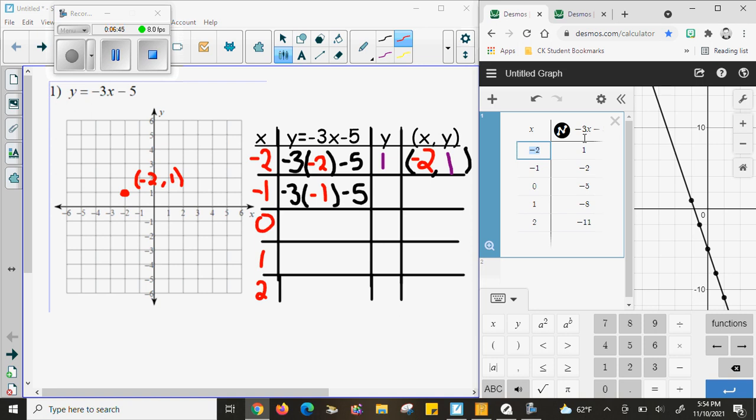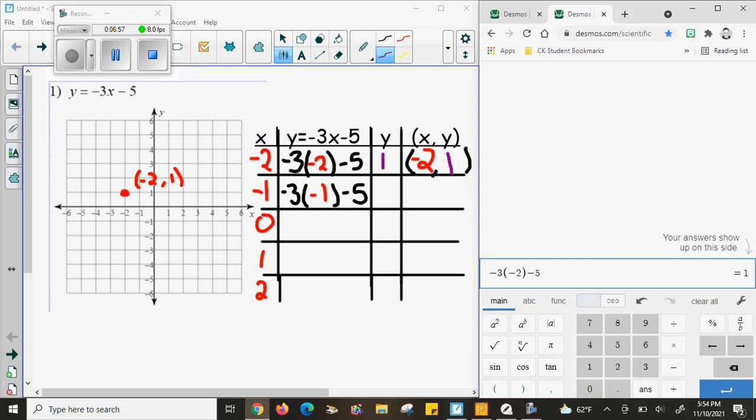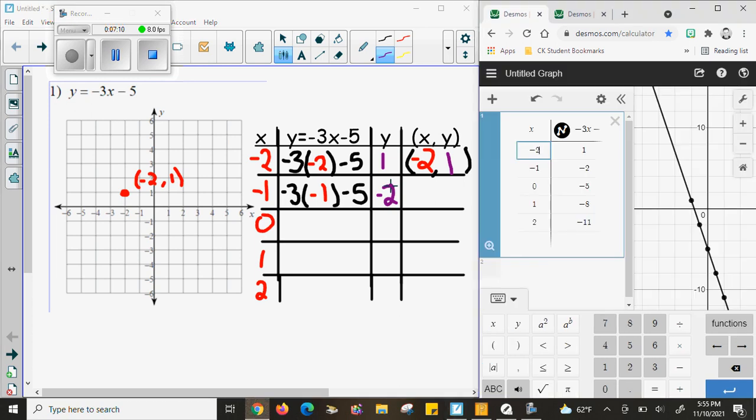If we check, if we were to finish solving -3 times -1 minus 5. Let's see, I can place that in here, and I find my answer is -2. The same thing is shown to us in our table of values, where when x is -1, the next column says -2.